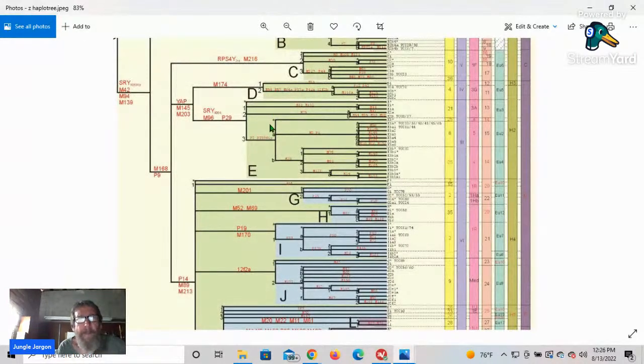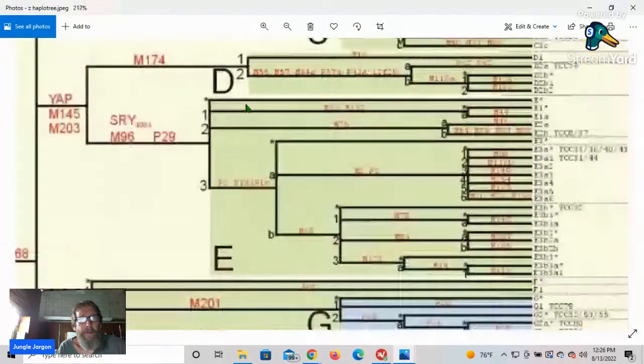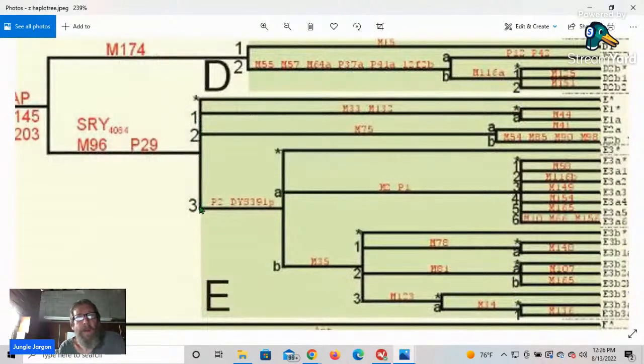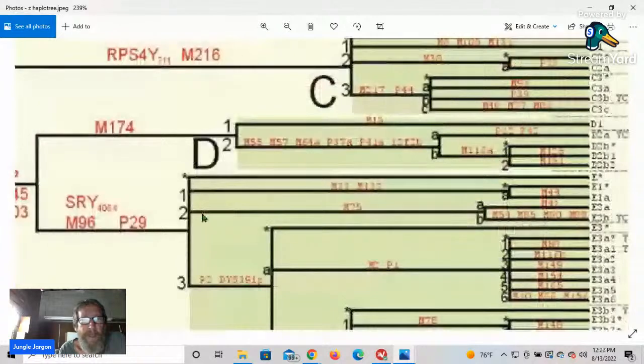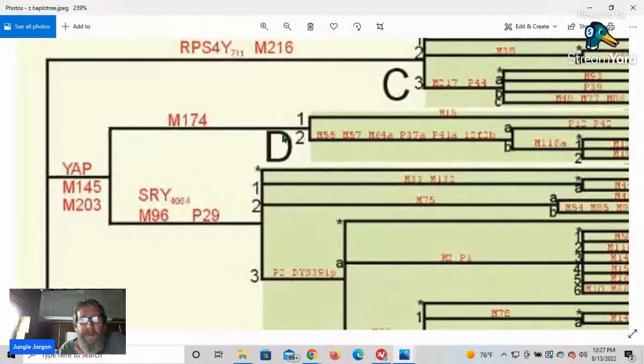Because we have, notice this is E, but there's three E's. E1, 2, 3. Mitzrayim is the E3. And the Put and Canaan have to be E1 and E2. And I just have to find out which is which, but the D is linked to probably E2.